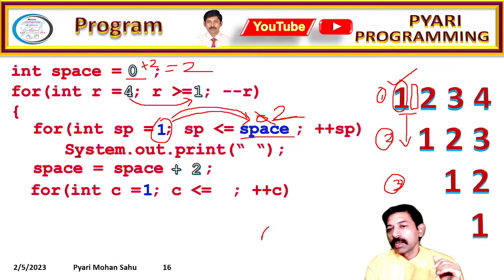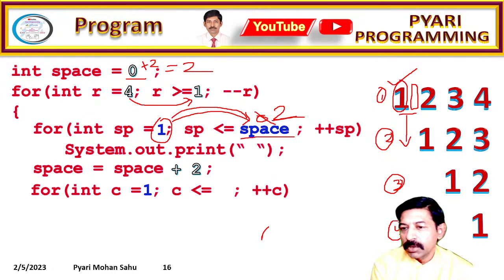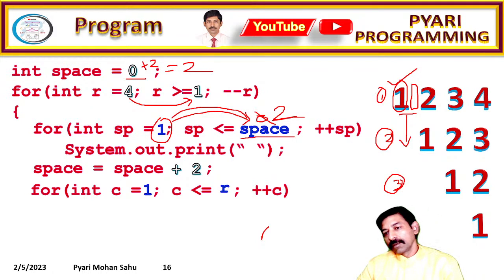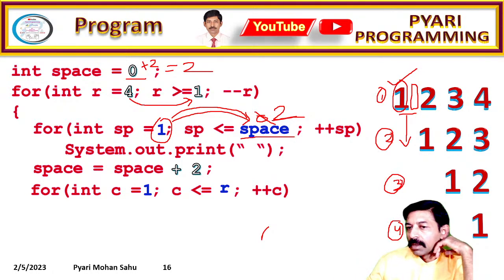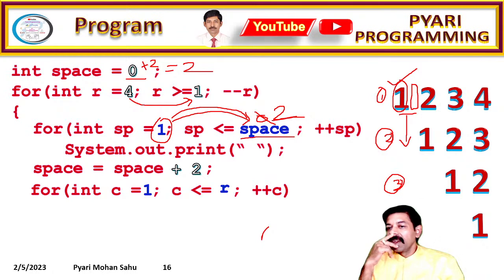Yes, 1. Yes, initial value I got. Next one is your condition. Less than equals to R. Ruturaj is improving day by day. Badal says less than equals to. Samir, where are you? Why don't you answer? Badal. Samir. R. Good.